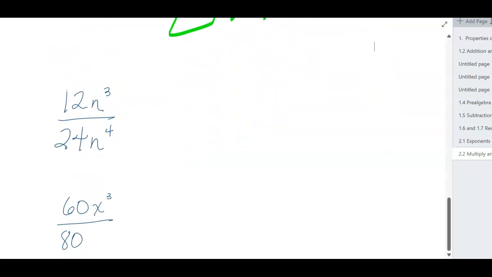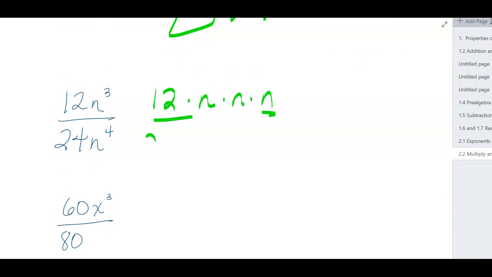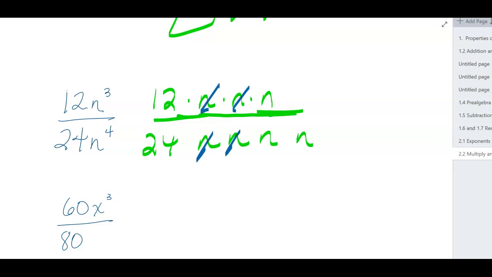Now let's look at this one. 12, and there's 3 n's, over 24, and there's 4 n's. Let's see how this looks. Okay, these are going to cancel one another. The 12 and the 24 both divide by 12. This will be a 1, this will be a 2.